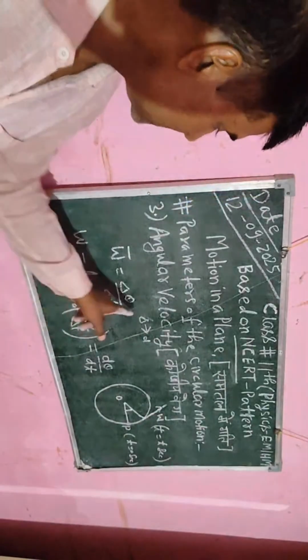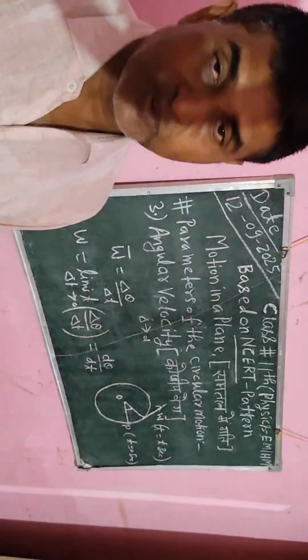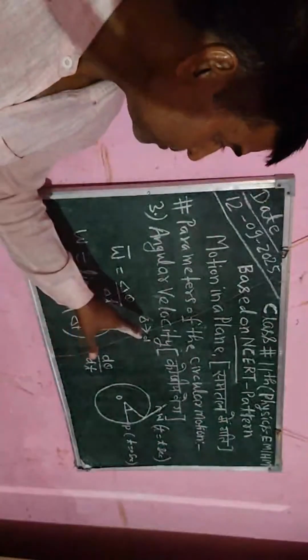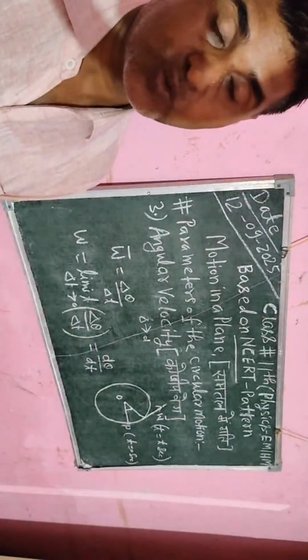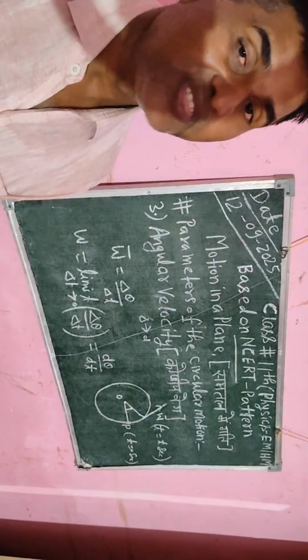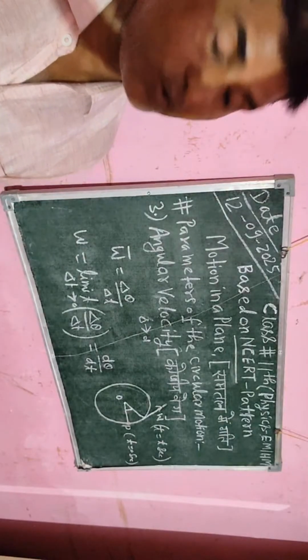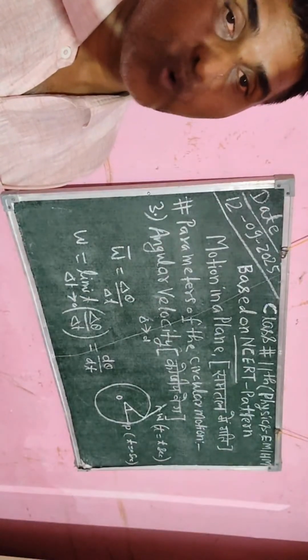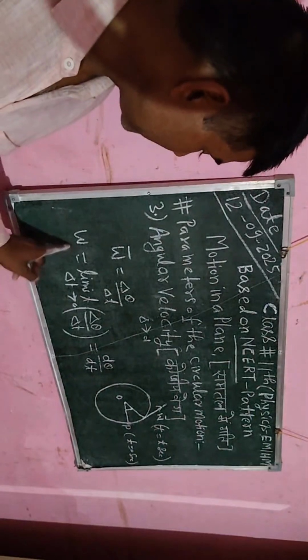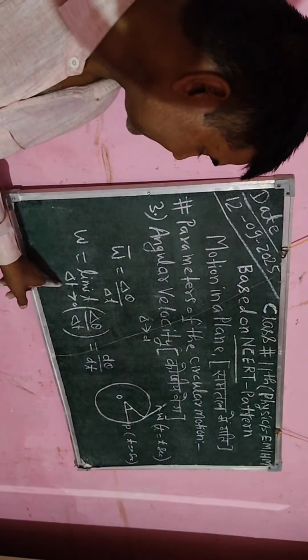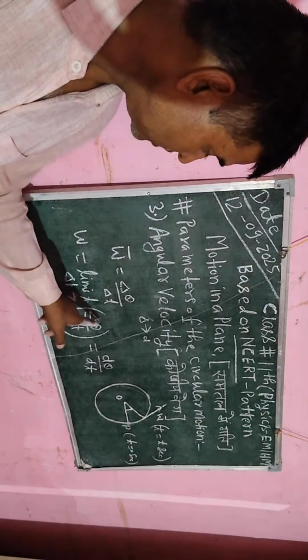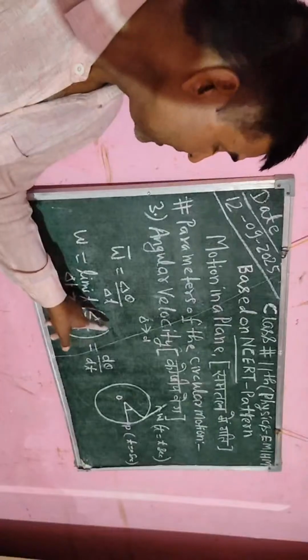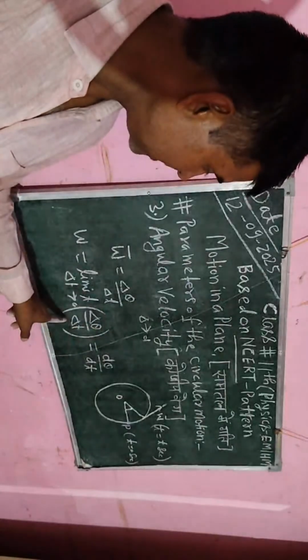So displacement divided by time is known as velocity. But if a particle is moving in a circle, then the circle has an angular velocity, and that angular velocity is represented by omega. Omega is equal to the limit as delta t tends to 0 of delta theta divided by delta t.